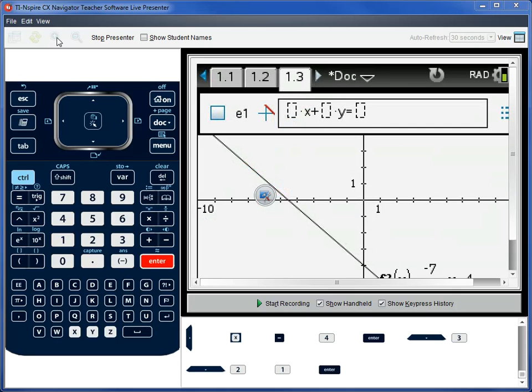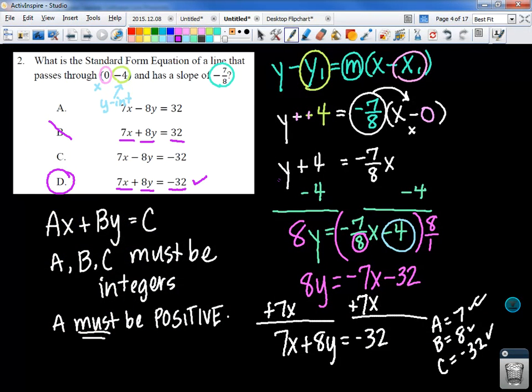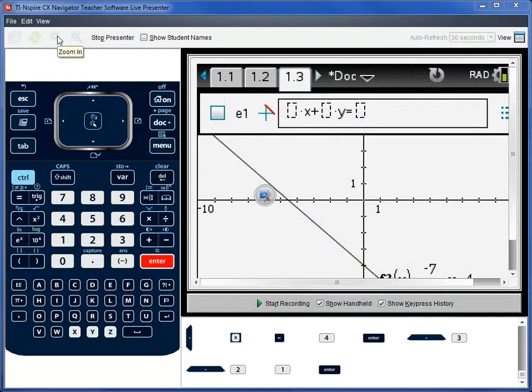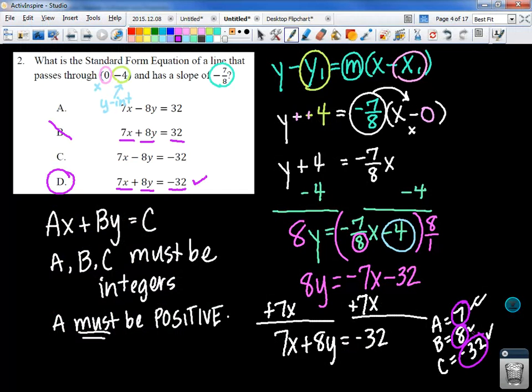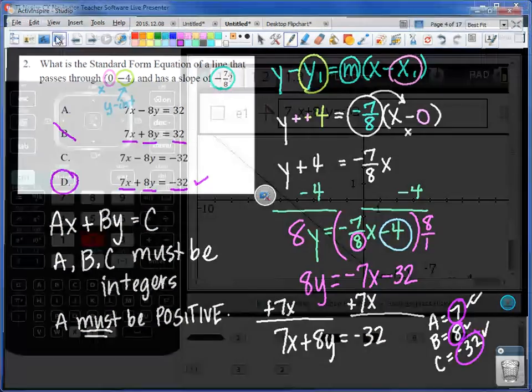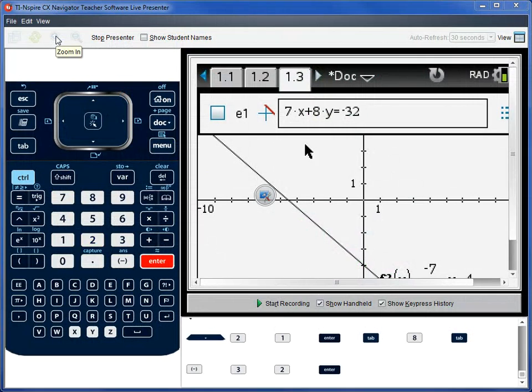I'm going to put in my A, B, and C values that we identified from the previous page. My A is 7, B is 8, and C is -32. Is that right? Let's see. 7, 8, -32. All right. So now I'm just going to hit enter and see it graphed.